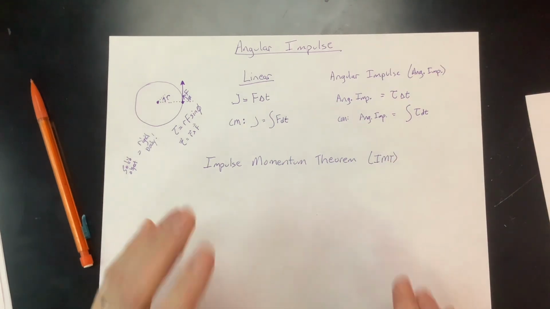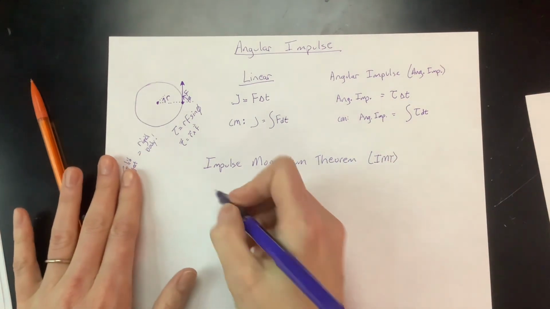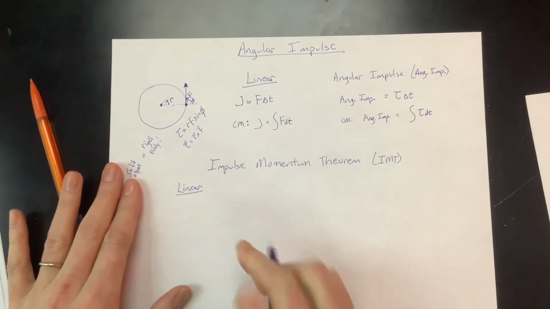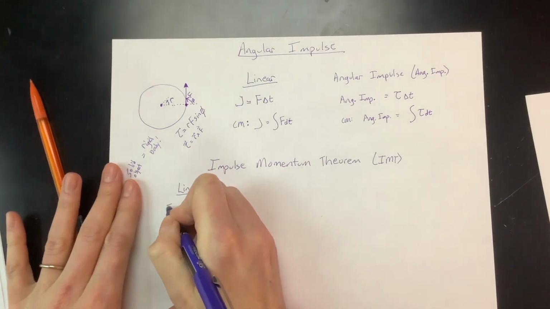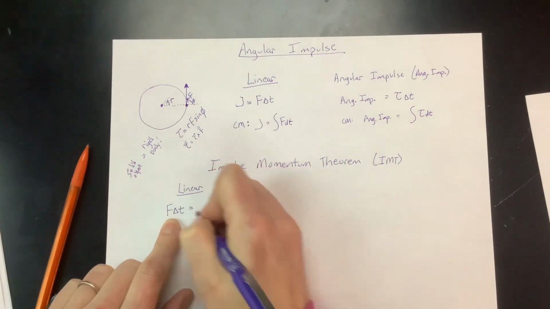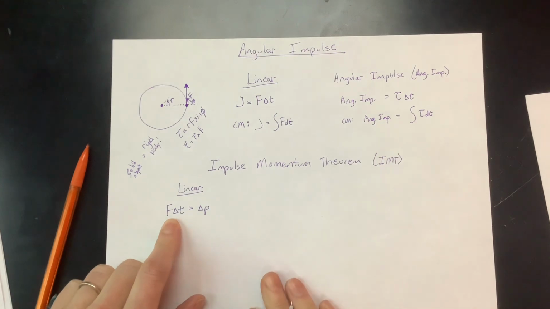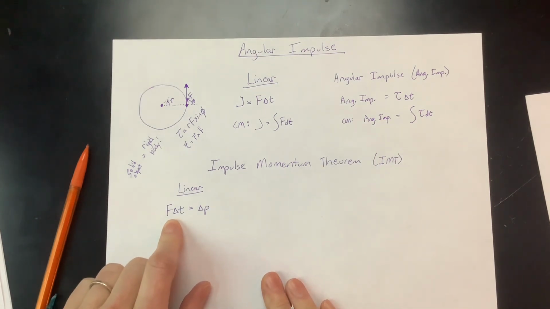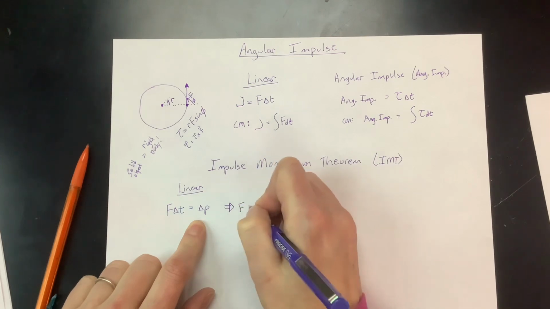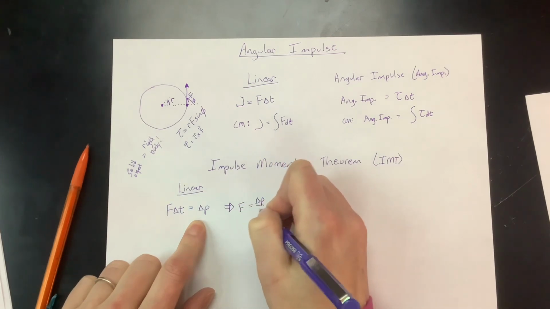The impulse momentum theorem, in linear form, is F delta t, that impulse, is equal to the change in momentum, okay? And sometimes we write that in terms of the force, like this, delta p over delta t.